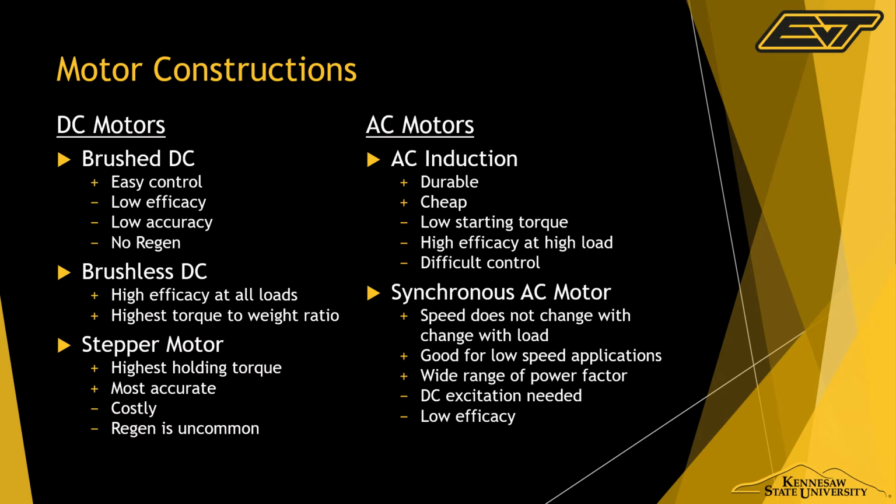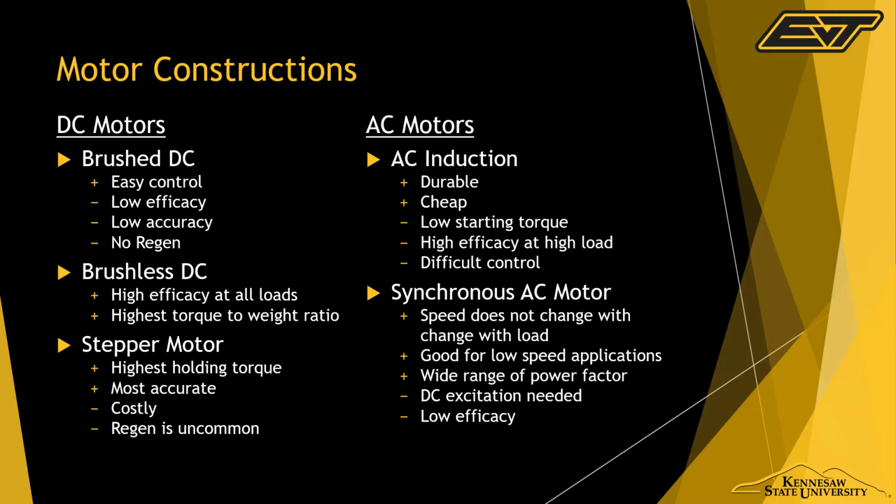So basically we have two different kinds of motors, when it comes to the power that goes into them: AC and DC. Brushless DC motors and stepper motors are technically AC motors if you look at their waveforms, but they're under the DC motor category whenever you do research on them.